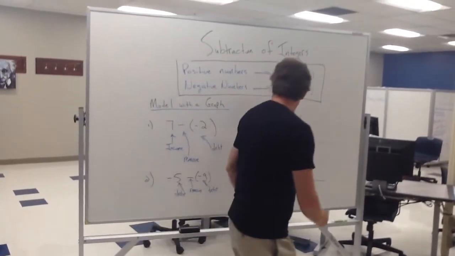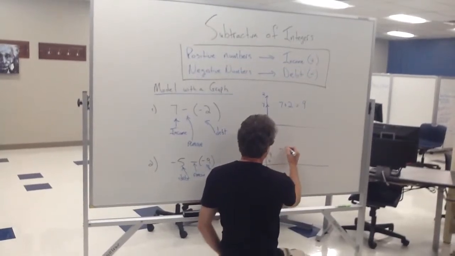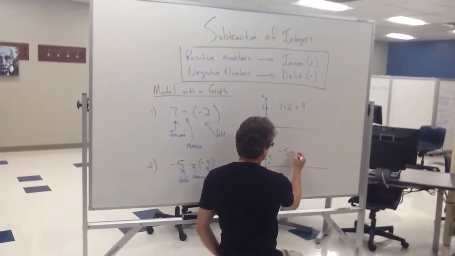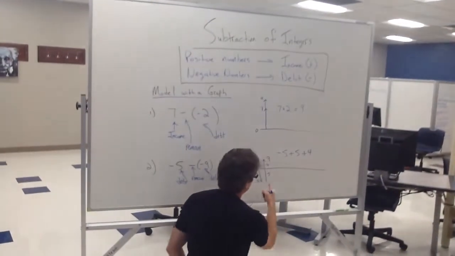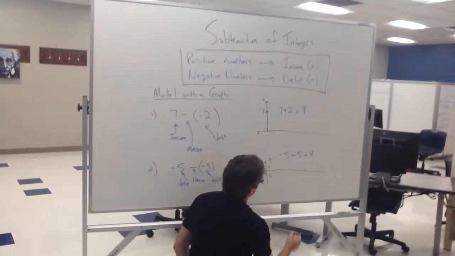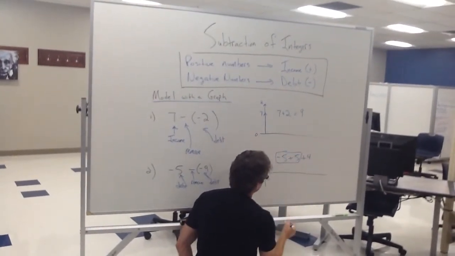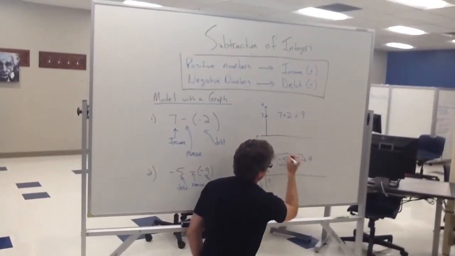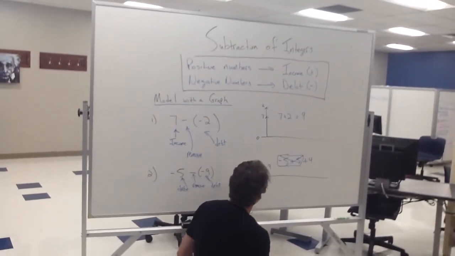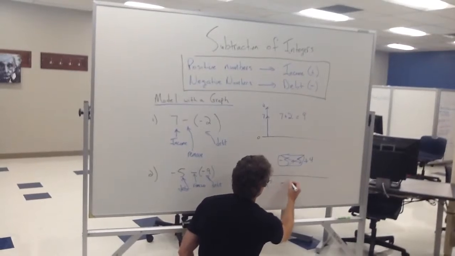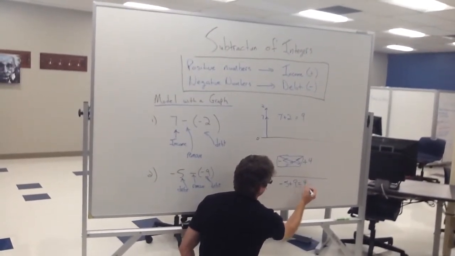So if I play this out, I'm going down 5, then I'm going up 5, and I'm going up 4, because I'm going up a total distance of 9. And notice that this 5 and this negative 5 actually zero out. And therefore, our result is indeed a 4. So the way this looks really is negative 5 plus 9 is equal to 4.